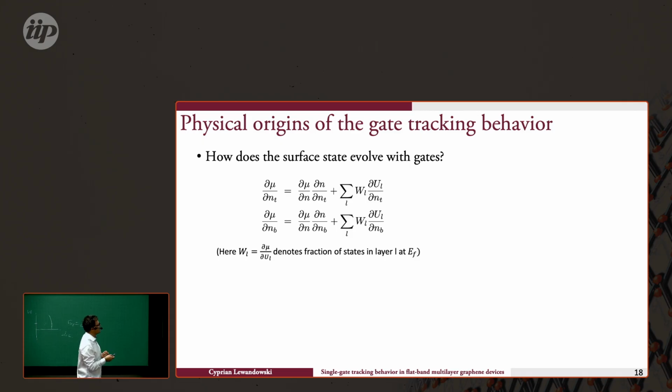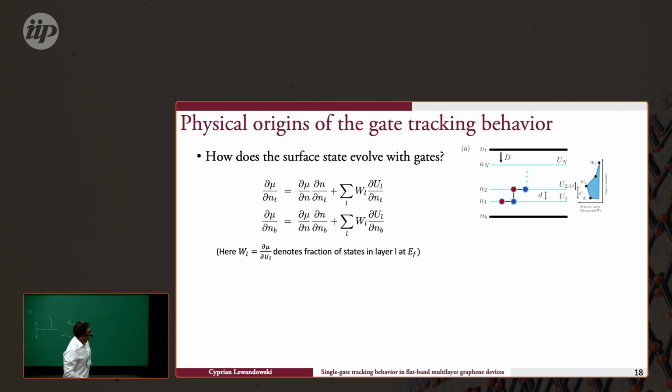So this is what I would call a compressibility with respect to one of the gates. Okay. And here I am introducing this element called W_L, which is just telling me how much of a particular state is localized on a layer L at the particular Fermi level.